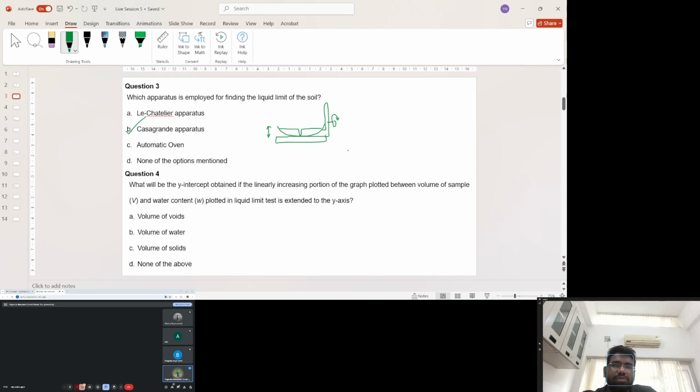That is also one of the techniques, but the universally followed test for determining liquid limit is the Casagrande apparatus. So the right option is option B.